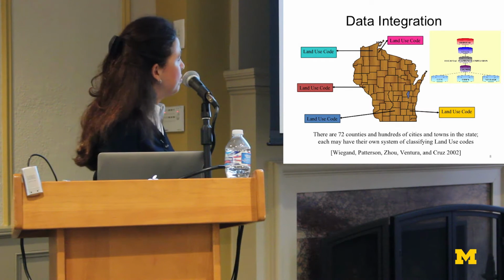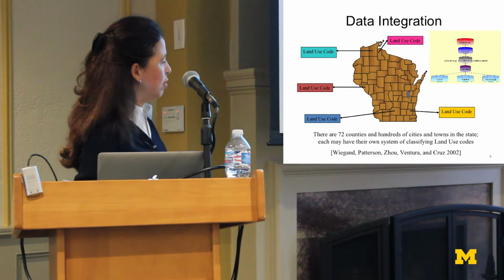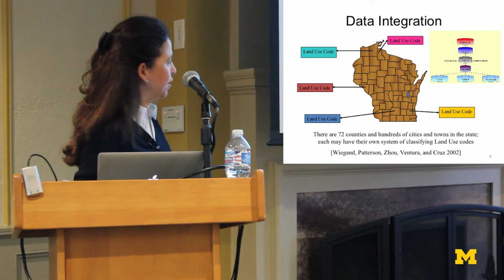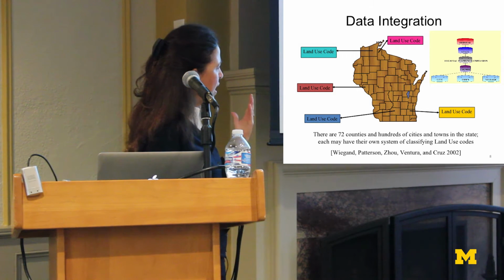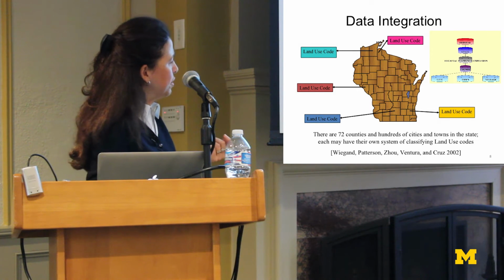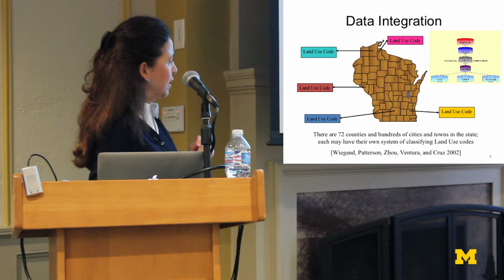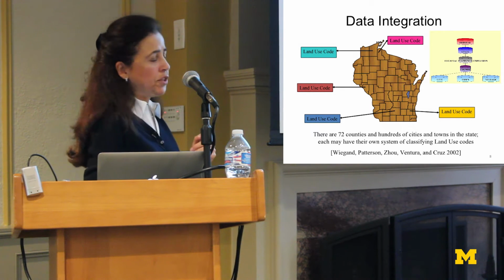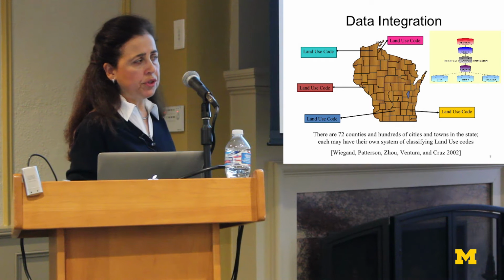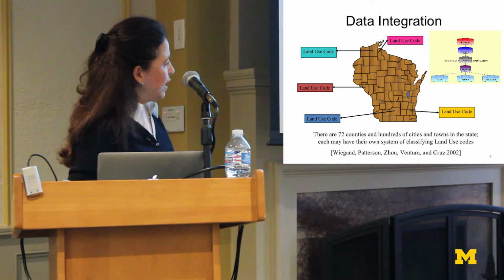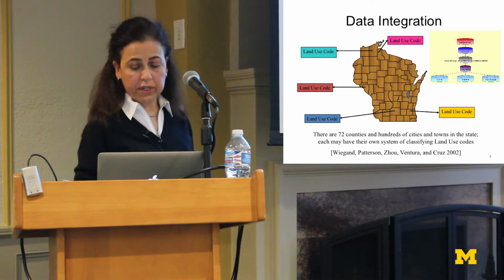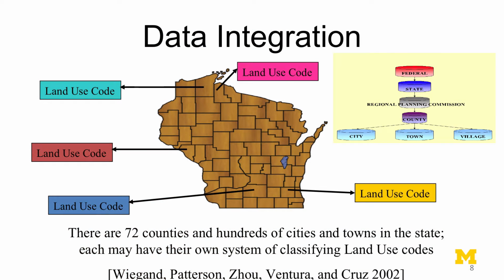So the data integration part, this is in a way how everything started, like in 2000. We had another NSF project with University of Wisconsin, and the idea was to bridge across the land use codes. And in fact, there are quite a few, because 72 counties, hundreds of cities, and so on have their own land use classification system.